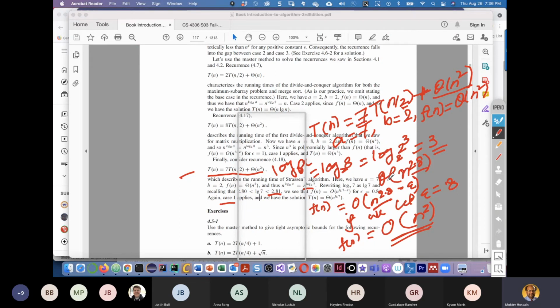Is that the confusing part? Yes, sir. Okay, so I said if we had a equal to 8 instead of 7, then we would get 3. But we have a value of 7, so we get something less than 3.